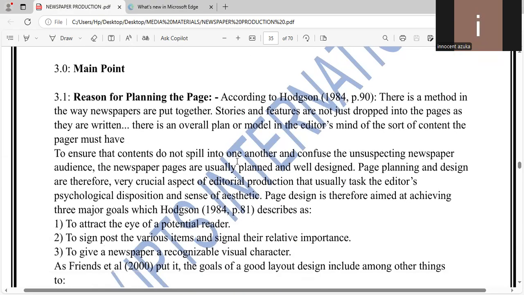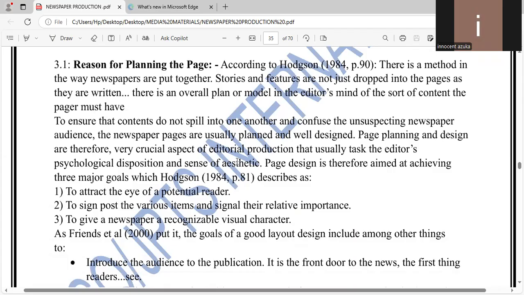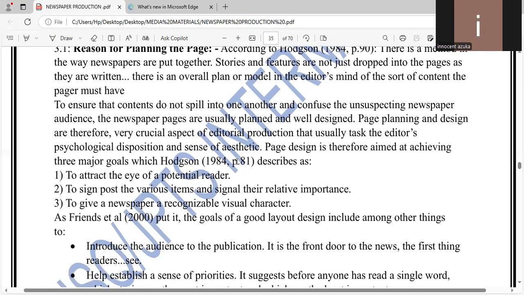So page design is therefore aimed at achieving three major goals. Number one is to attract the eyes of a potential reader. Number two is to signpost the various items and signal their relative importance. Number three is to give a newspaper recognition, visual character.